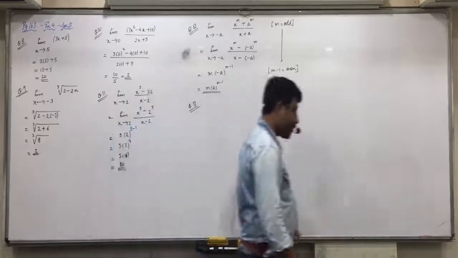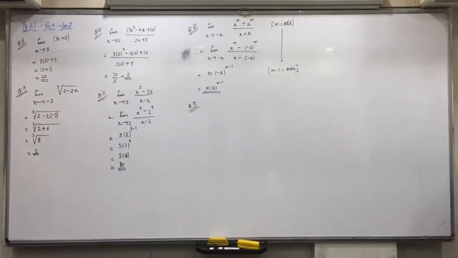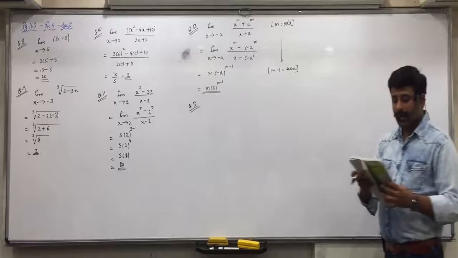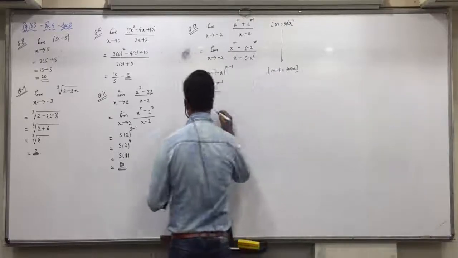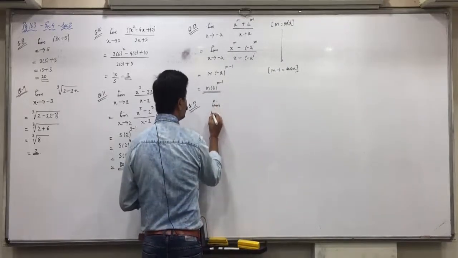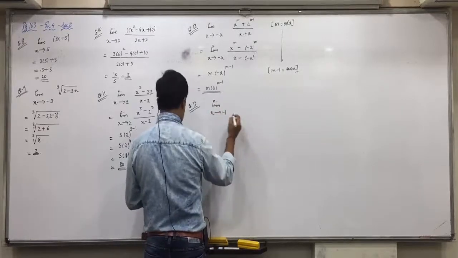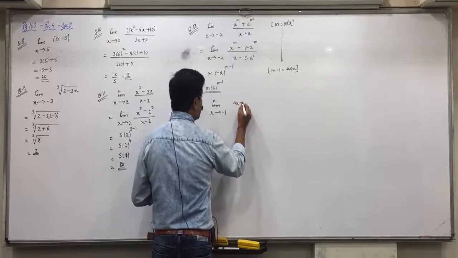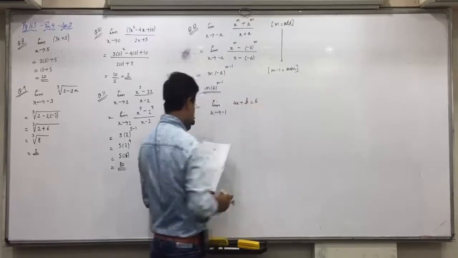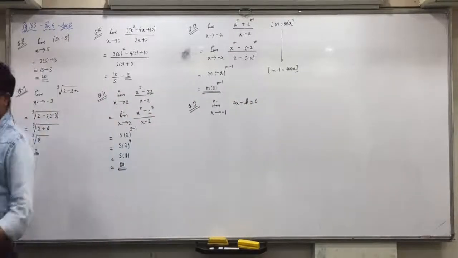Question 13. Limit x tends to 1 of minus 1, 4x plus k is equal to 6. Find the value of k.